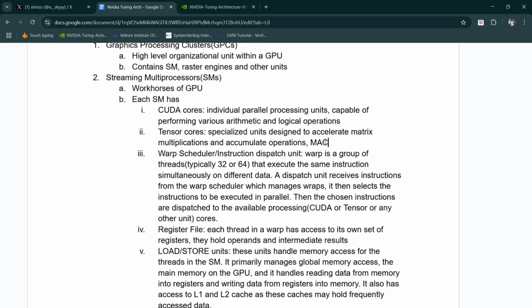So let's say for a tensor core, you get two 16-bit floating point operands, and then you get one 32-bit operand. The two 16-bit operands will get multiplied, and then the result will be accumulated with the 32-bit operand. That's how multiplication and accumulate is done in a tensor core.